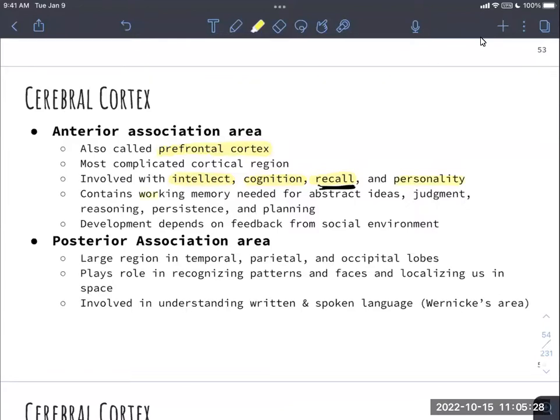That all comes from that anterior association area. Your working memory. So when you go through and say read these PowerPoints, that goes into your working memory. It's not there long term. It's only there for when you look at it and read it, and then it kind of goes away.